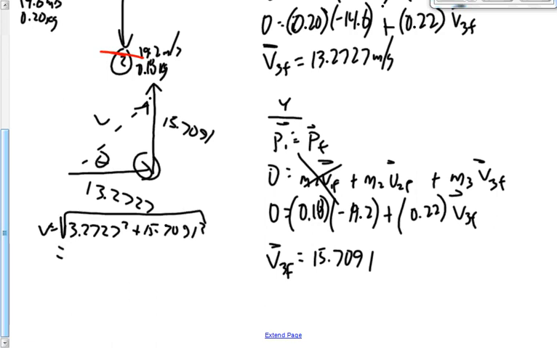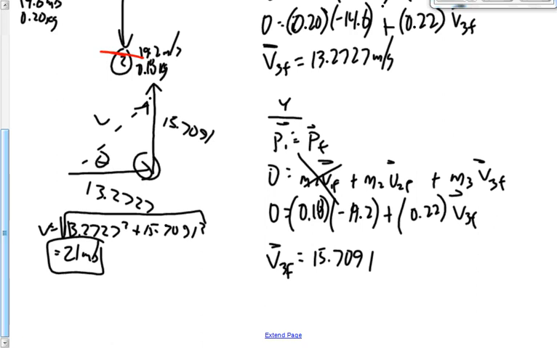What do we get for the speed there? What is it? 20.56. We're going to round that to 21, I think. And of course, we want to find our angle.